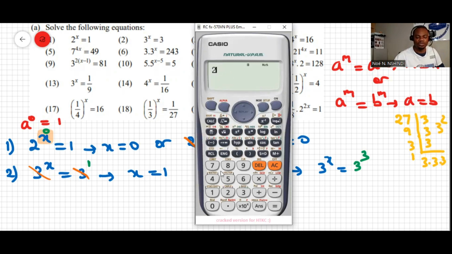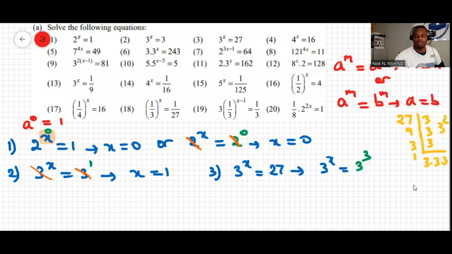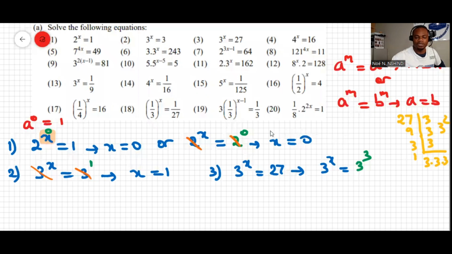You write 27, you press the equal button first, and then press shift, and then press this button here, factor, and then it tells us this is the prime factors of 27. And then we have this form, the form that we had here.